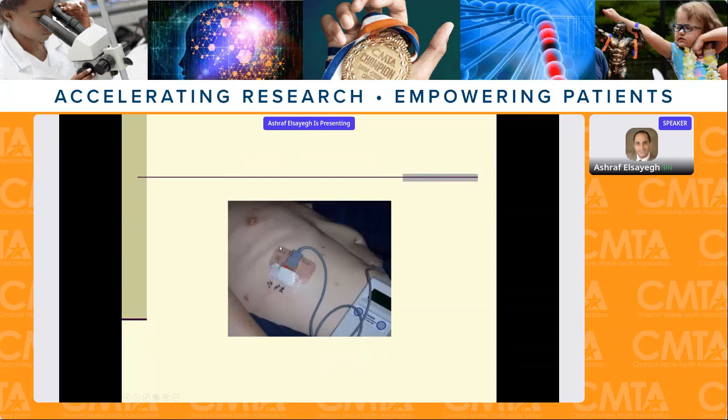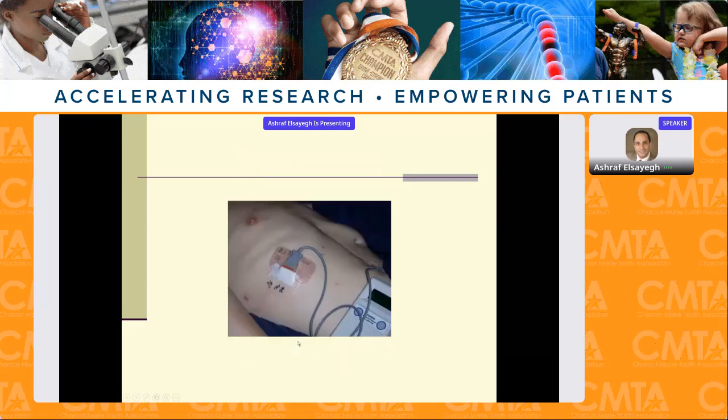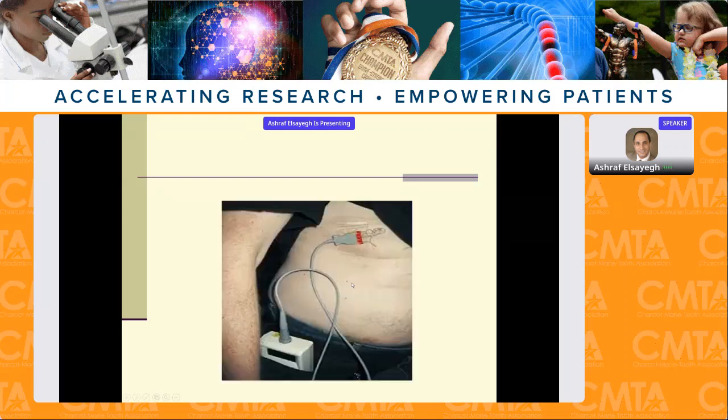So we implant 4 wires, 2 on each diaphragm, and then we leave what's called, it looks like a little computer flash drive port sticking outside the body, and you hook up the external device as needed. Again, I don't want to talk too much about this, but if it's something that you have questions about, I'm more than happy to answer.